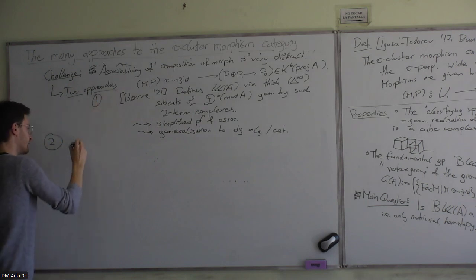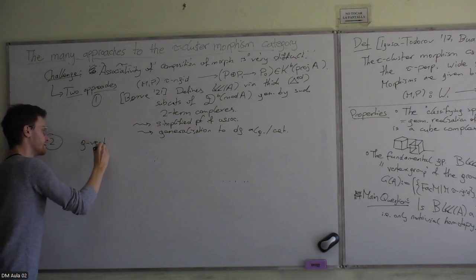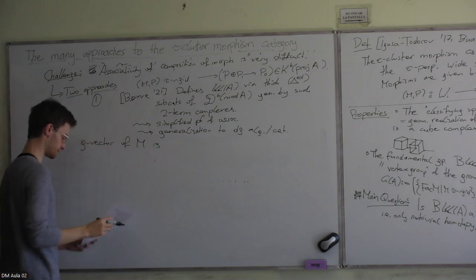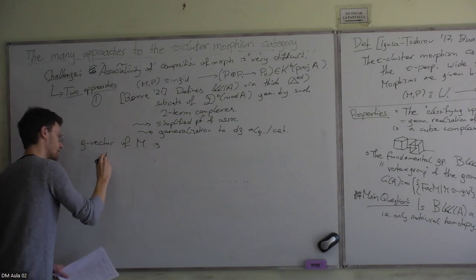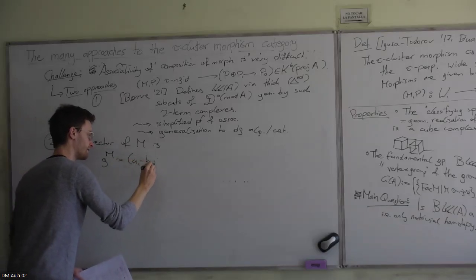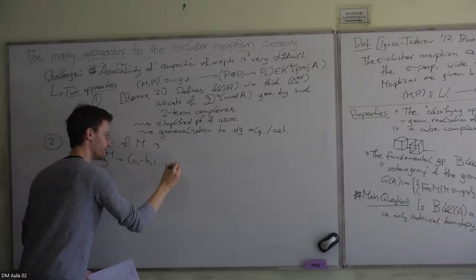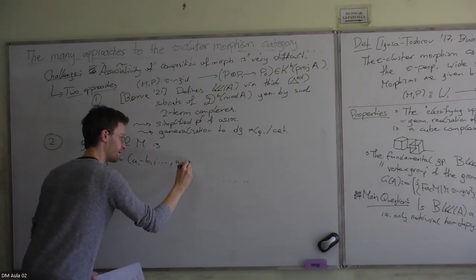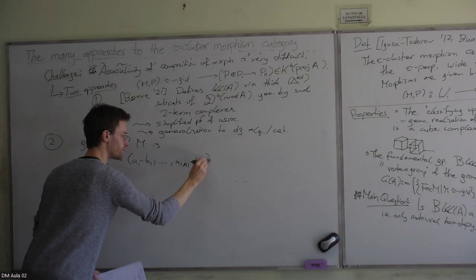which is of a G vector. So the G vector of a module M is the following. It's the difference vector-wise between two vectors that come from the minimal projective presentation.